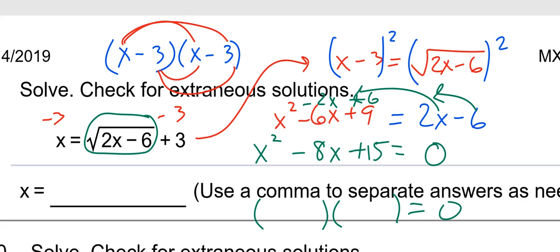Are you talking about the GCF? I can't pull anything out of all three terms. But yes, we're going to split it up into two parentheses, x and x. They multiply together to give me 15. They add up to -8. They both have to be minuses. Good. Now, yes, I like how you're setting them equal to 0.